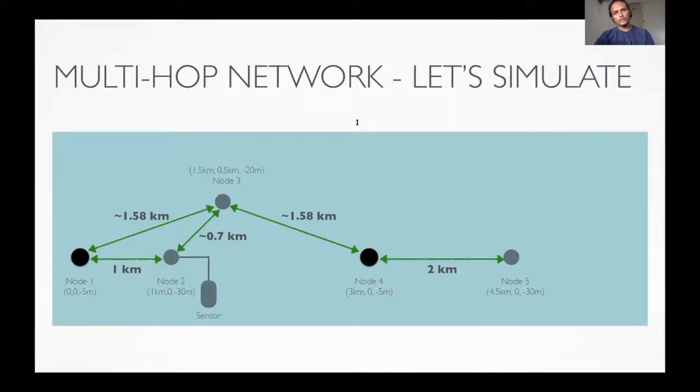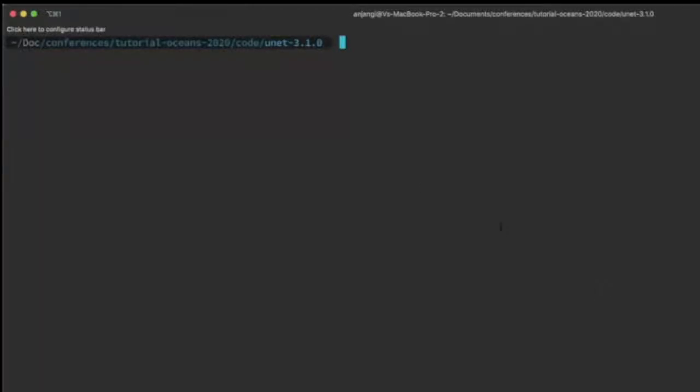Okay, so now let us simulate this network first, and then let us take a look at what routes we will need to add. For the simulation, let me show you how to first start a simulation. For that, let me open a terminal and share it.